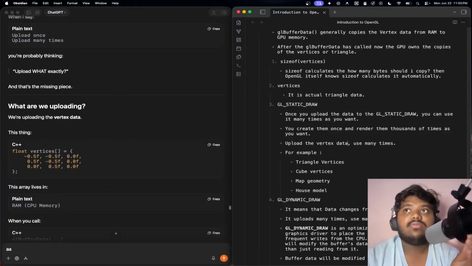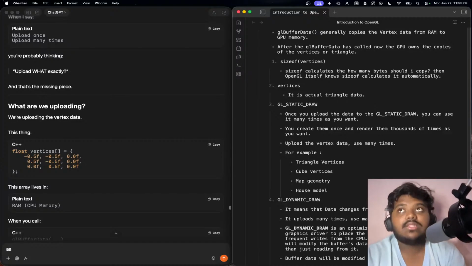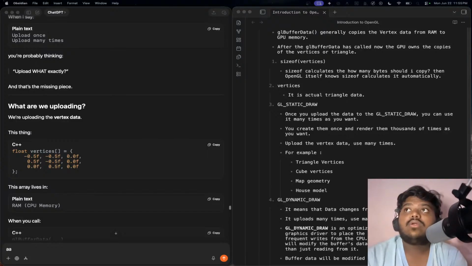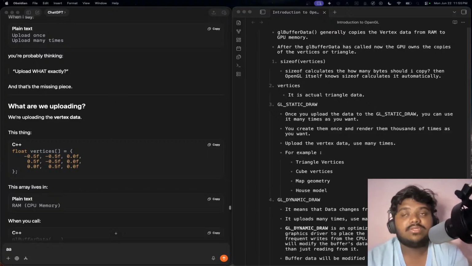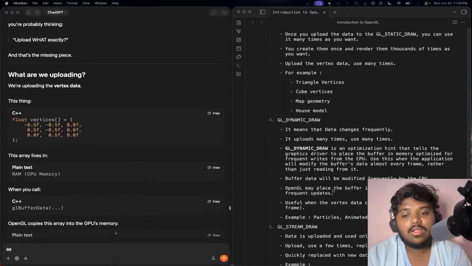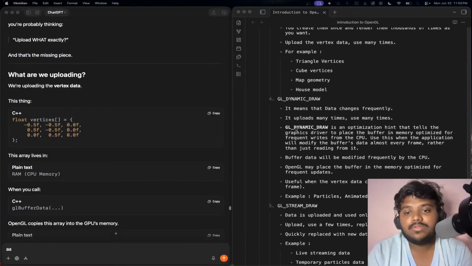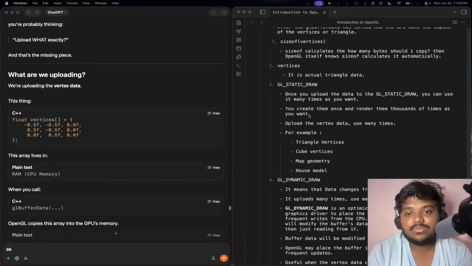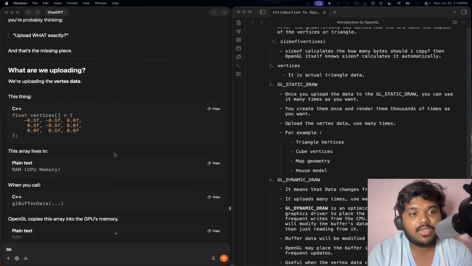Okay, so I kind of get what you're trying to say. Alright, and then the next thing we are doing. Yes, this array lives in RAM. I just forgot to take the notes. Uploading the vertex data.